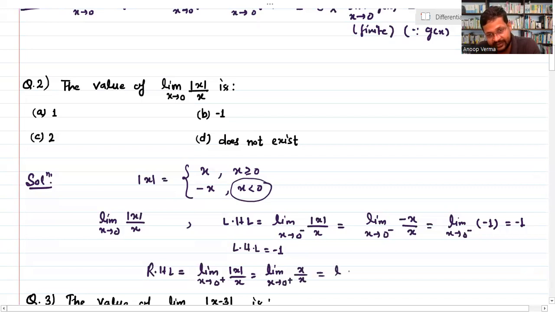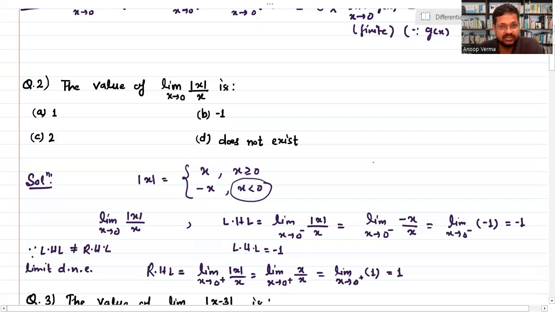Since the left hand limit is not equal to the right hand limit, this limit does not exist. So in this problem, the limit x tending to 0 of mod of x upon x does not exist. This option is correct.